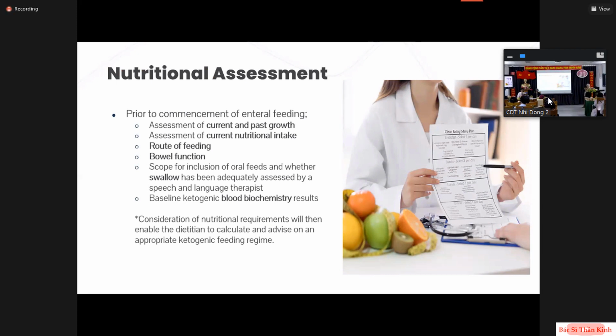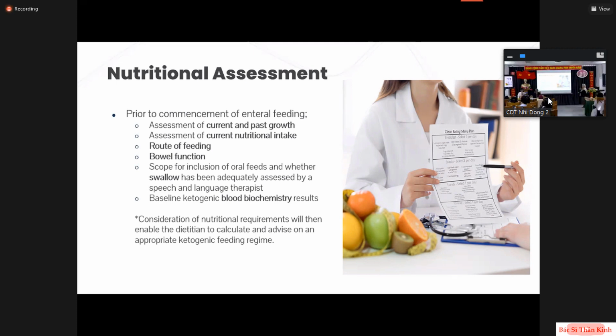And also baseline ketogenic blood biochemistry results such as lipid profile and uric acid. All this consideration is very important for the dietitian to calculate and plan the appropriate ketogenic feeding regime.